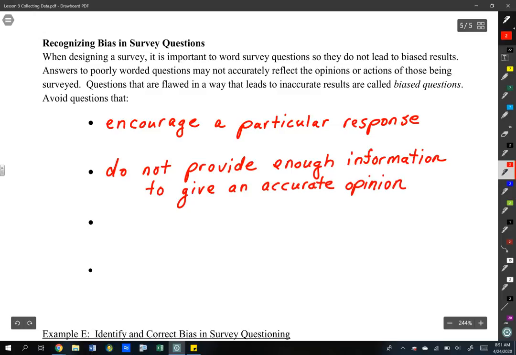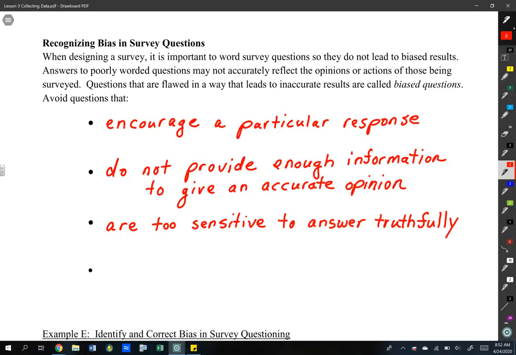Avoid questions that are too sensitive to answer truthfully. A lot of times in my stat class, my students are doing surveys because we're going to be collecting data. And I always tell the kids, really try to stay away from the question about GPA.